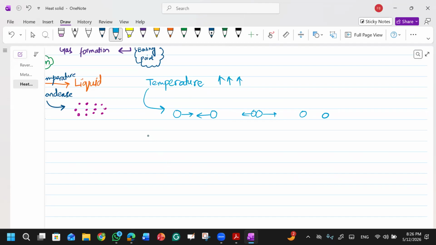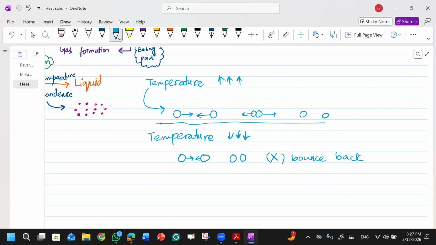But when you decrease the temperature, what will happen? The particles which come closer to each other will remain close to each other. They will not bounce back. This is what they are saying. Because they don't have enough energy to bounce back. When the temperature was increased, at that time they had enough energy.